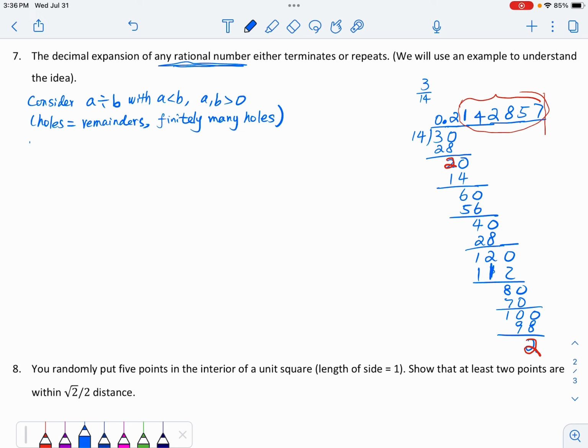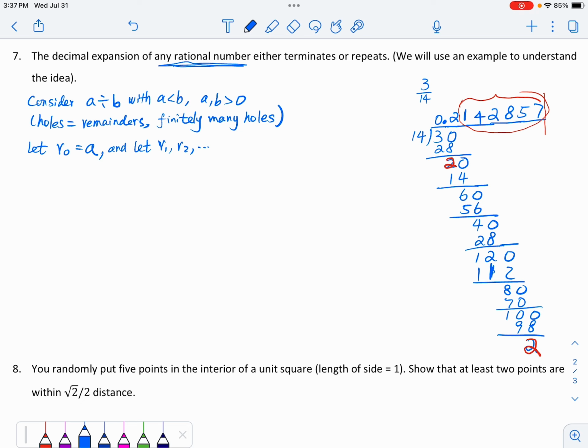Now let R0 be A, the first number. That's my 0th remainder, that's where we begin. And let R1, R2, and so on be the successive remainders.